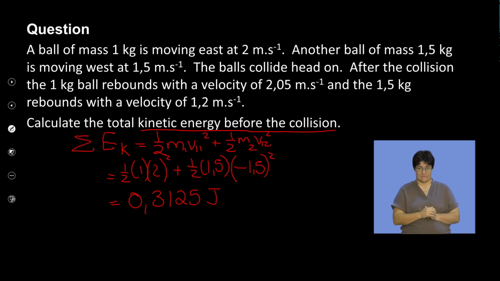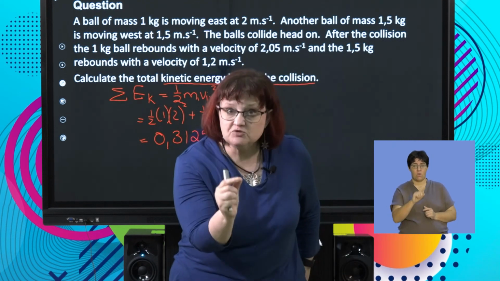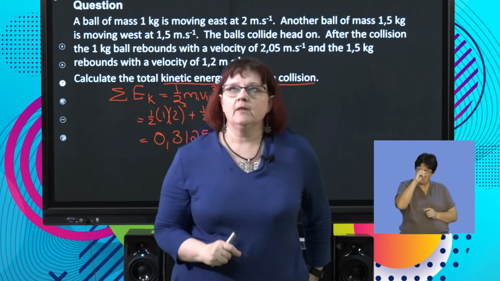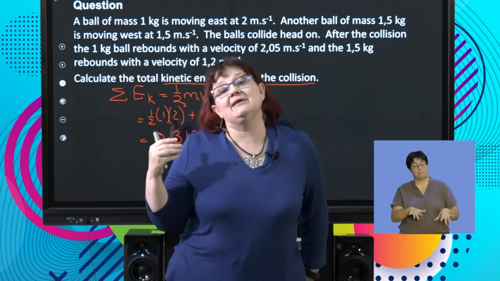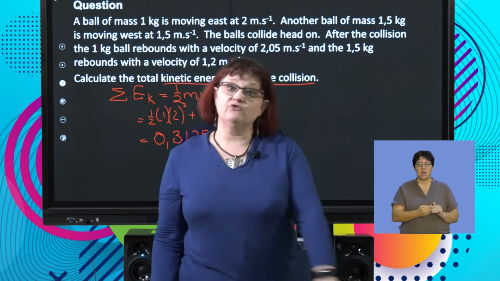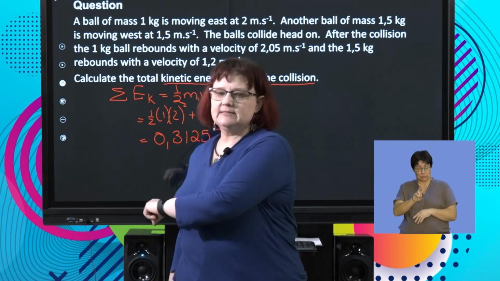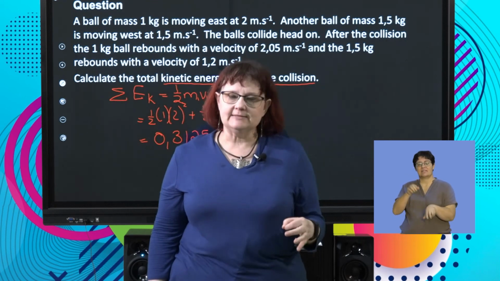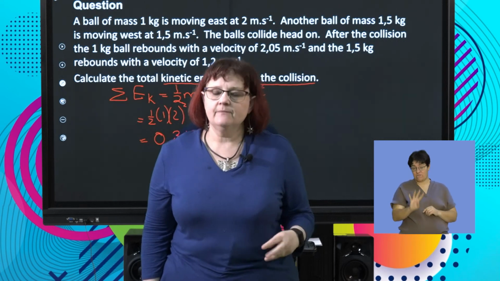So, here I've put 4 decimal places, because it is a very small kinetic energy. The instructions in your exam are to round off to at least 2 decimal places for your final answer. Yes, this is a final answer, but because it's exactly 4 decimal places, I'm going to keep it.